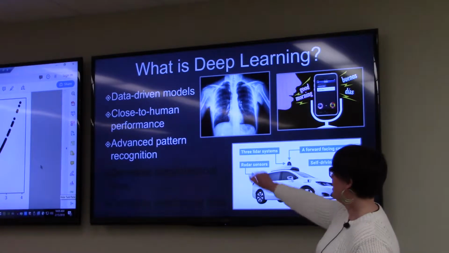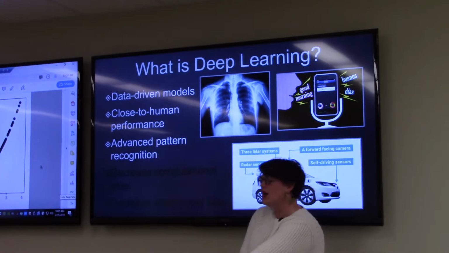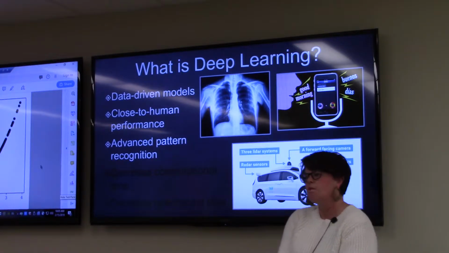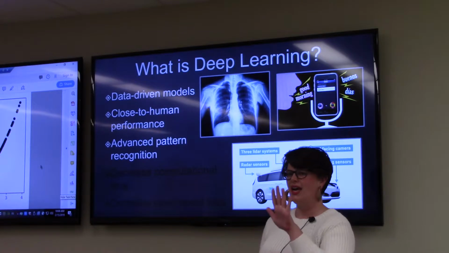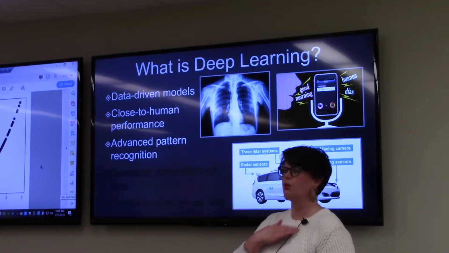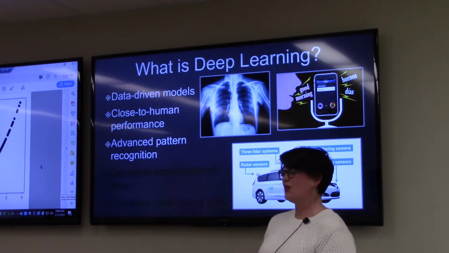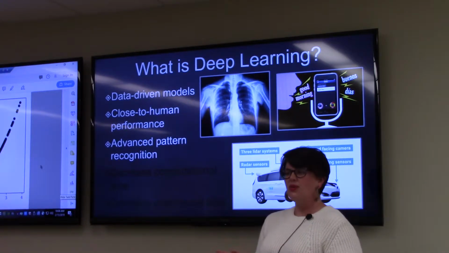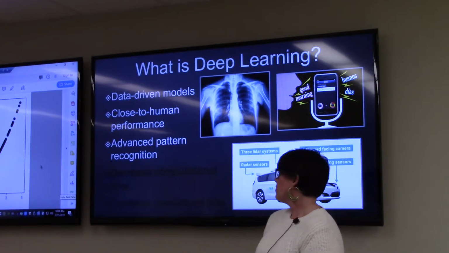And that comes from advanced pattern recognition. One example would be looking at X-ray images in the medical field. If you have enough examples of, say, an X-ray with a particular physical malady, right, an X-ray with a tumor in the upper right corner or something like that, and you show the computer enough examples, hopefully what the computer will be able to do over time is to recognize that pattern and make that diagnosis.